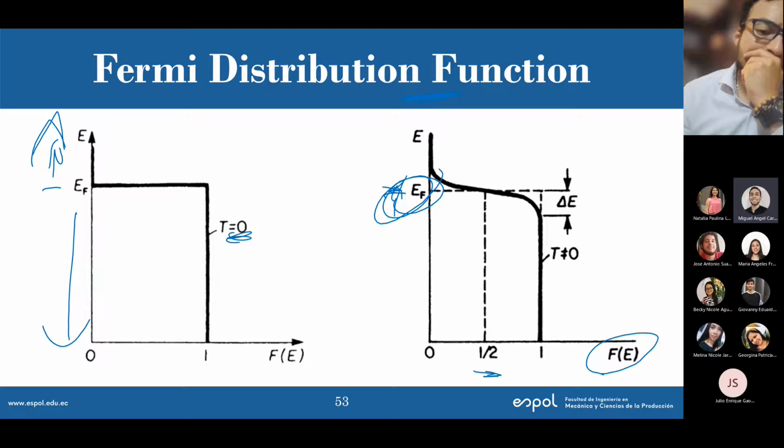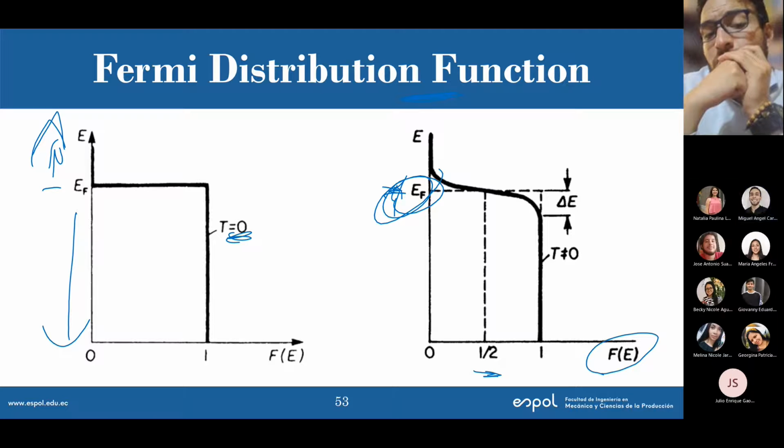So I would like to see if, by graphing f versus E, we can see more clearly how this distribution, the probability, came up.